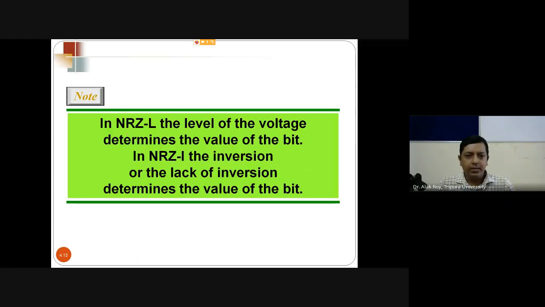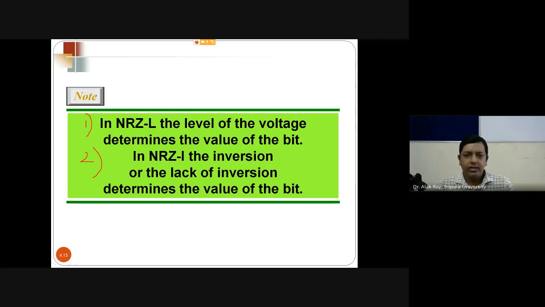Let's have a summary. In NRZ-L, the level of the voltage determines the value of the bit. For NRZ-I, the inversion or the lack of inversion determines the value of the bit.